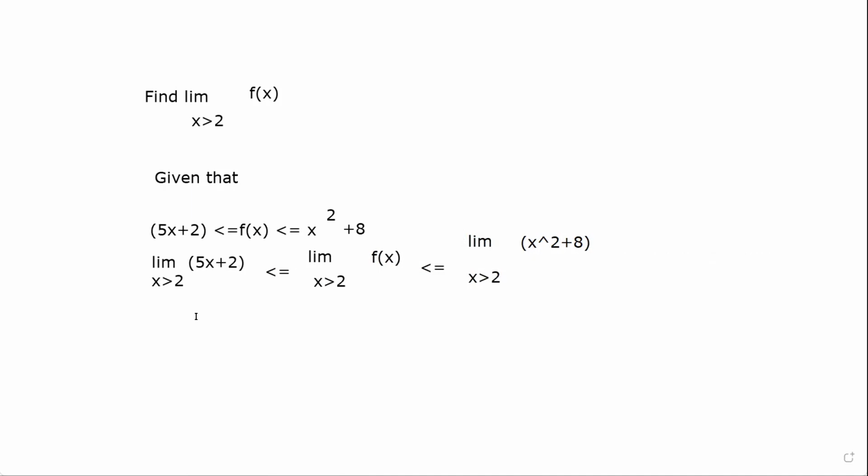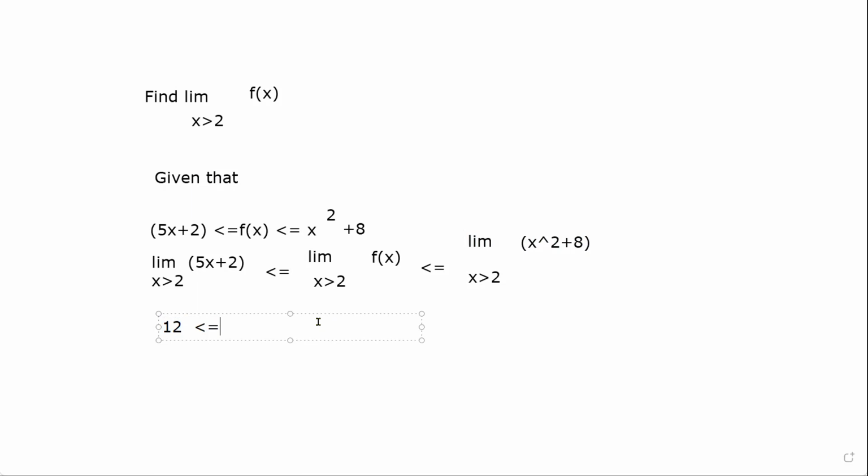What are you going to do there? So input 2 into the first equation, which gives you 12. Yeah, so 12. And then input 2 into the other equation, that also is 12, right? So what does that mean for our limit?